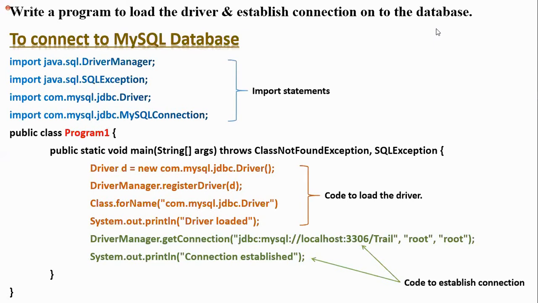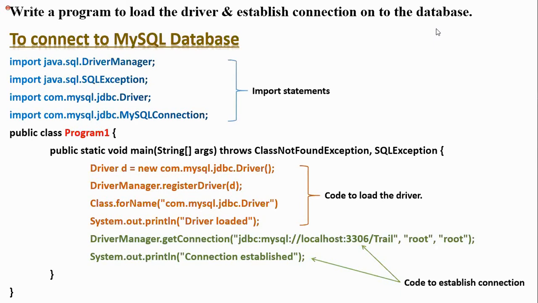The type of questions that can be asked is, what are the different ways in which you can register the driver onto the database? There are two ways: one is Class.forName, the other is DriverManager.registerDriver. Second question, what is the URL pattern for loading MySQL database or Oracle database? Both of them I've explained.